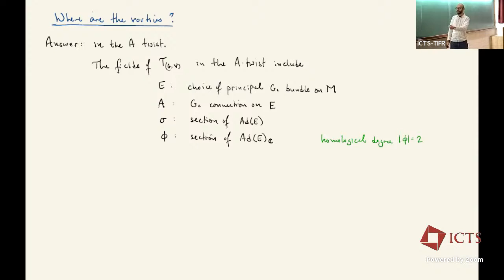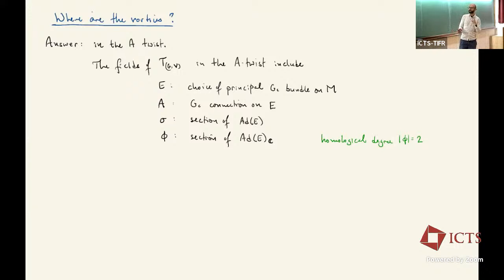The fields of gauge theory in the A-twist involve a discrete choice of principal G bundle on the three manifold, a connection on that bundle, and then, in physics or in a hyperkähler setting, one would sometimes say a triplet of adjoint scalars.